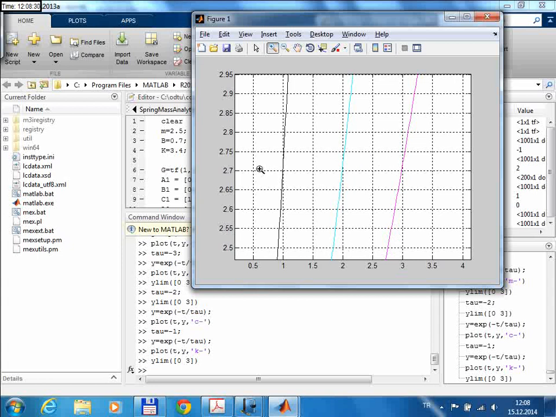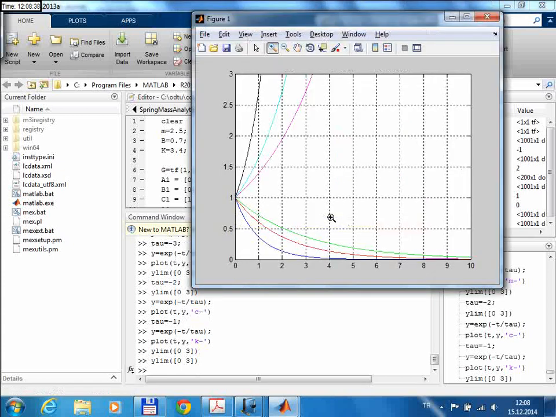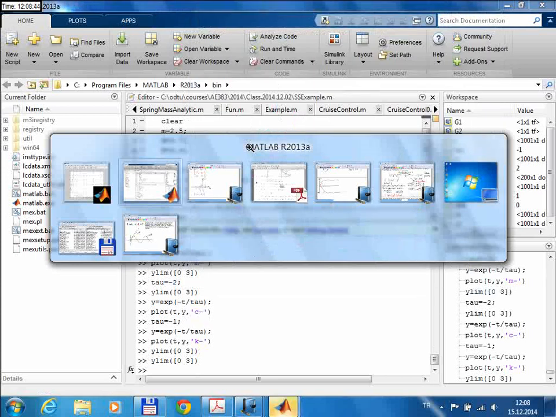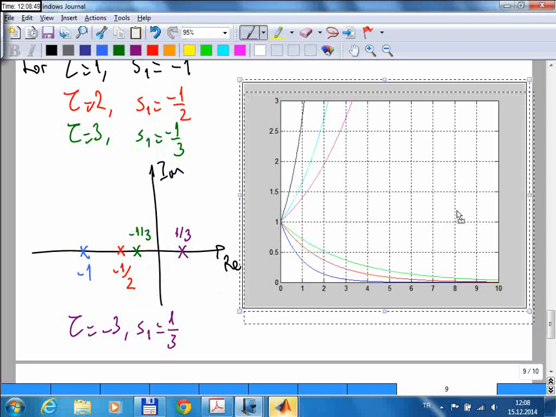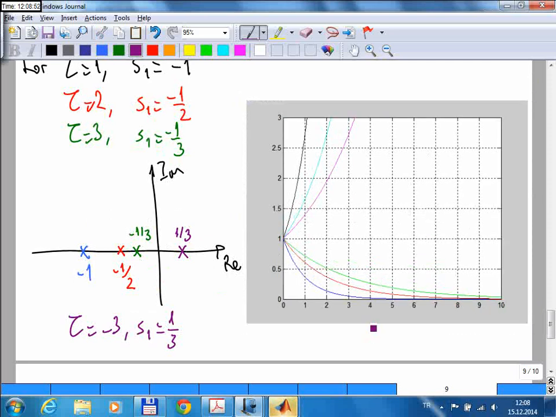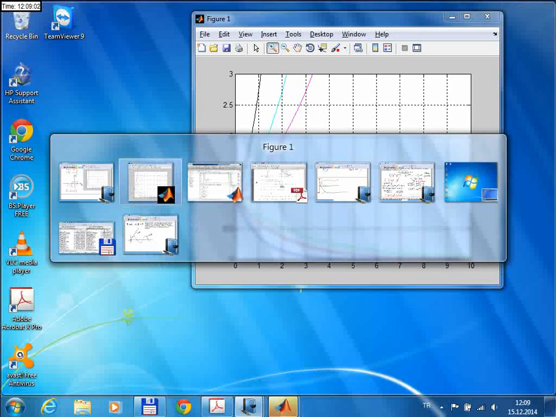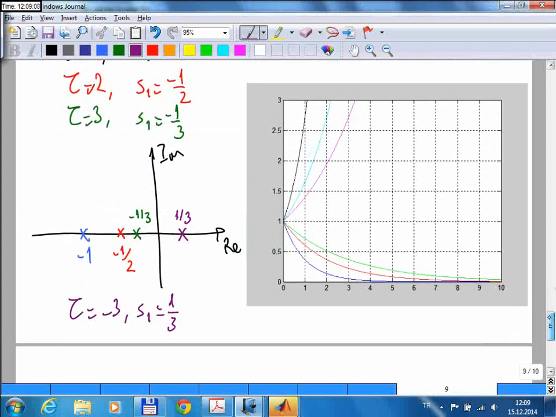But the other ones reach the same level at different time instants because their time constants are different. Okay? So this really gives us the trend, and there is one special case, which is where the pole is right at the origin.